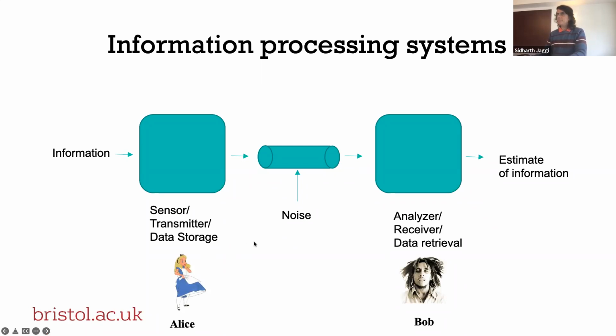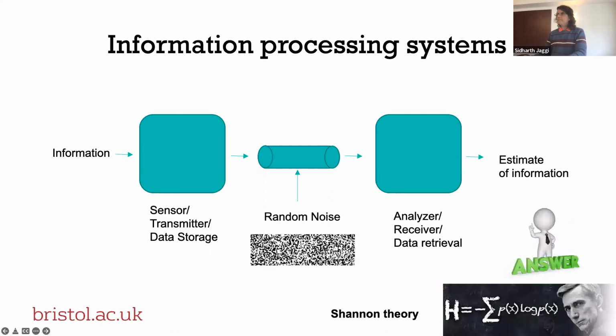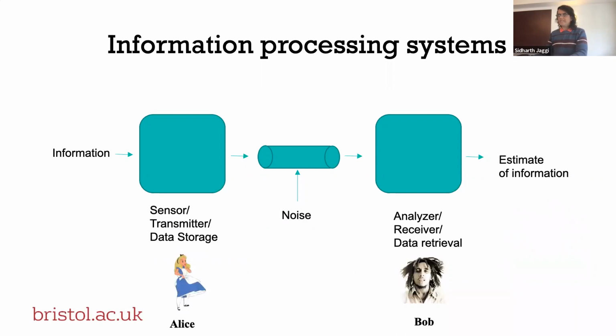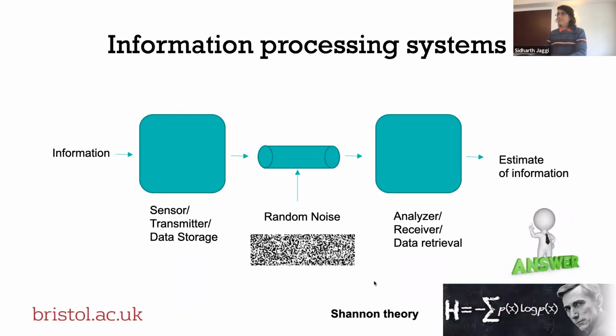For many of these information processing systems, if the noise is random, then Shannon theory has given us very good tools for figuring out the fundamental limits, how best to communicate, how best to store, to estimate, and so on. And we have schemes that meet these. In many cases, these schemes are even computationally efficient.